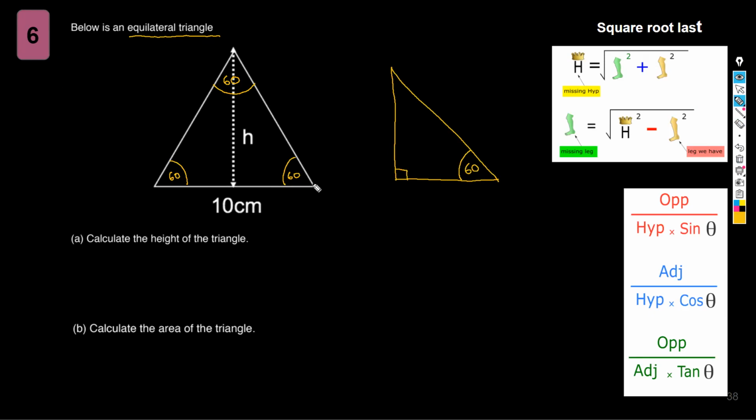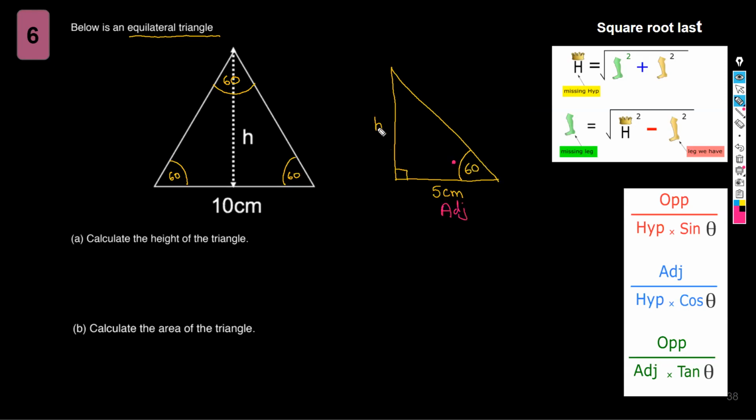Now, in an equilateral triangle too, when you drop a line straight down the center, it will split the base in two exact equal pieces. So here would be 5 centimeters. And we want to find h, right? So if we're standing by the 60 degrees, this 5 is the adjacent, so I'll put ADJ.